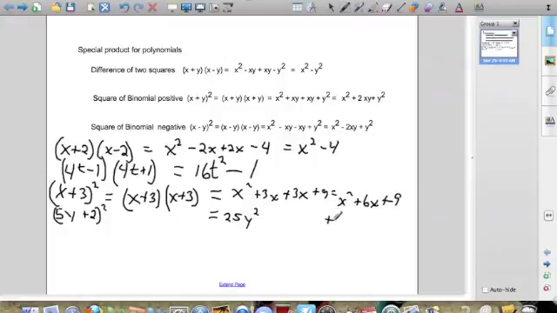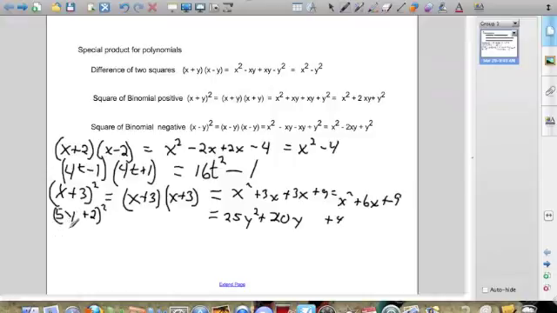So 2 squared is 4. Now to get your middle term, here's what you have to do. This is the pattern. I multiply these two together. 2 times 5y is 10y, and then I double it. So this middle term here will be plus 20y. That's the shortcut method. Again, if you don't like that, use FOIL.